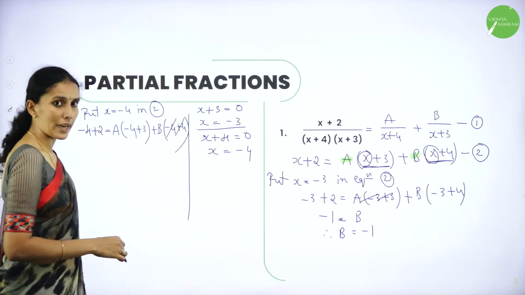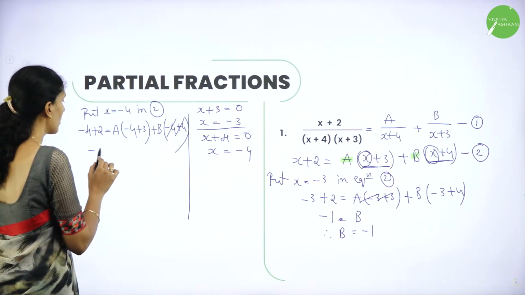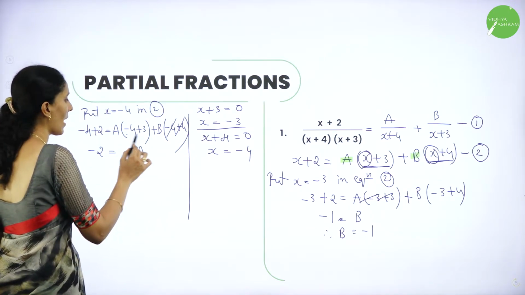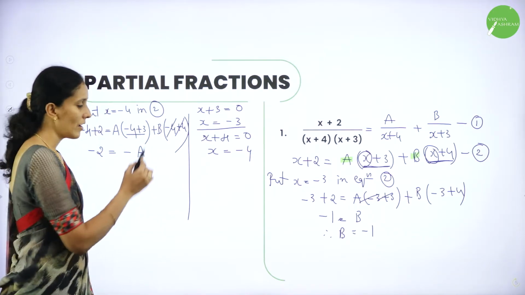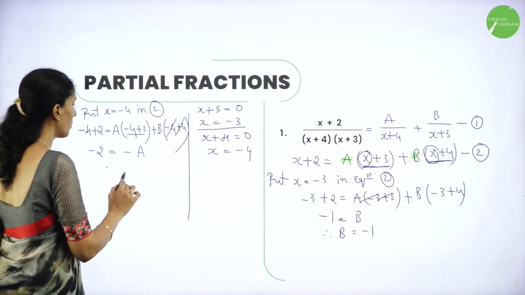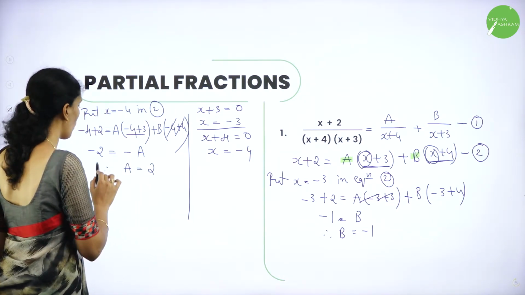Minus 4 plus 4 gets cancelled. So here I'll get minus 2 is equal to minus A, because minus 4 plus 3 is minus 1, and minus 1 into A is minus A. When you cancel minus on both sides, you will get A is equal to 2.